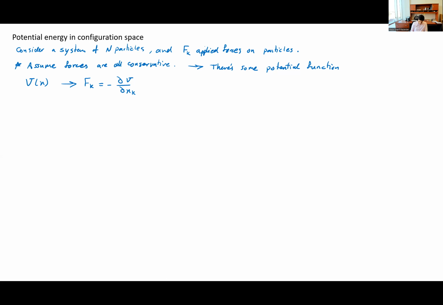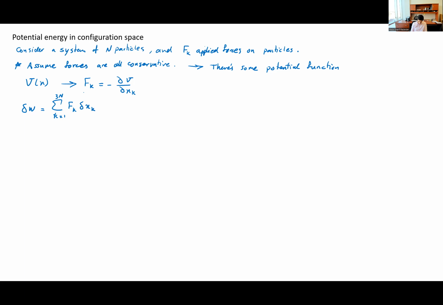Now going back to the idea of virtual work. If you remember, that is the work when we move our system in a way that is consistent with the constraints, and we assume no time has passed. That's why it is called virtual. So virtual work is the sum, k equals 1 to 3n over all dimensions, of F_k times the virtual displacement δx_k.